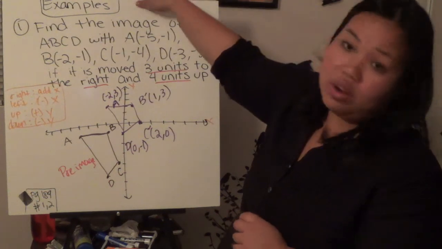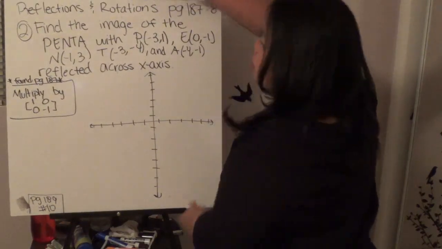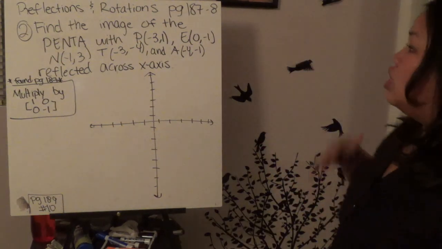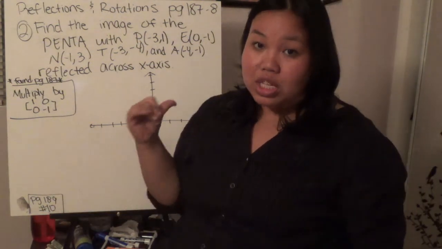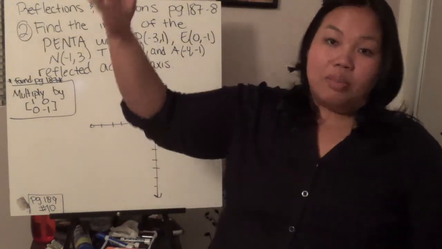Okay, and we have one last example problem. Now, there's 2 key concept blocks on page 187 and 188, because the last problem we did tells you exactly how to move it, 3 to the left, 3 up.